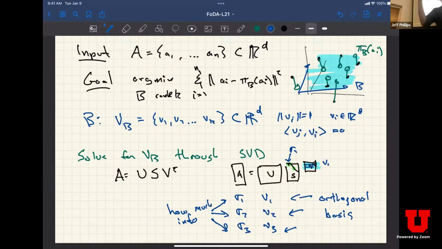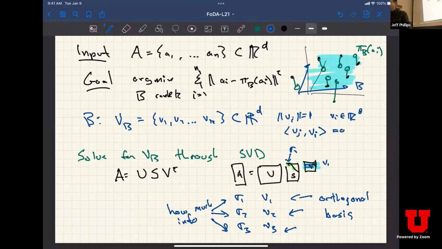It's just the transpose, representing the rows instead of the columns. So for now, the most useful part for us, when thinking about the dimensions as the features and the rows as the data points, are the right singular vectors in V. Those give me the orthogonal basis, and the singular values tell me how important they are.